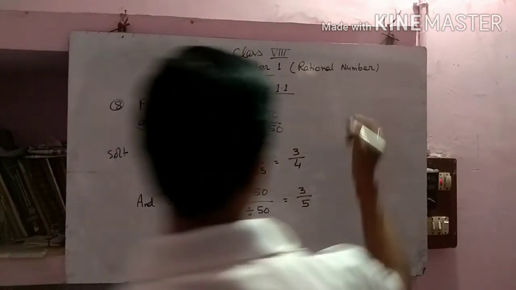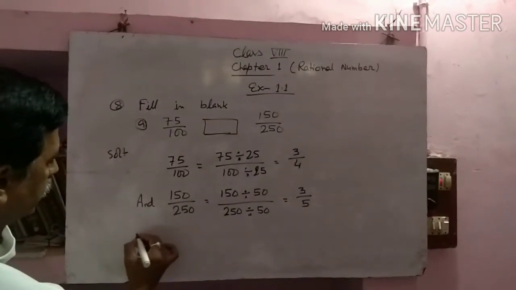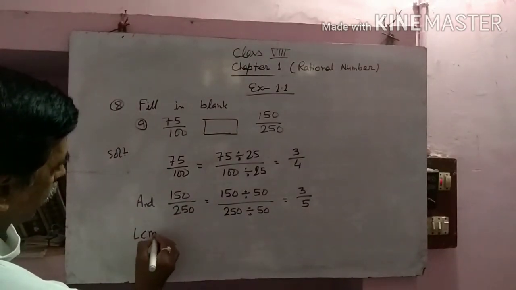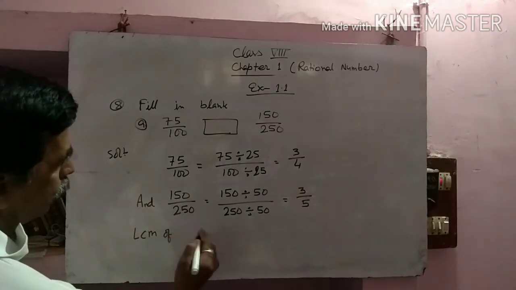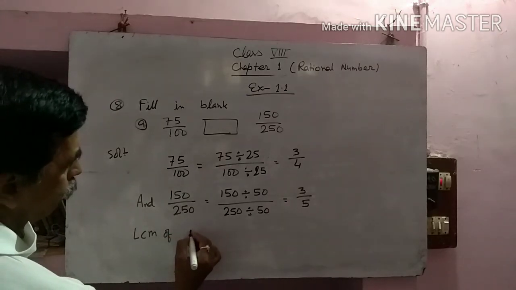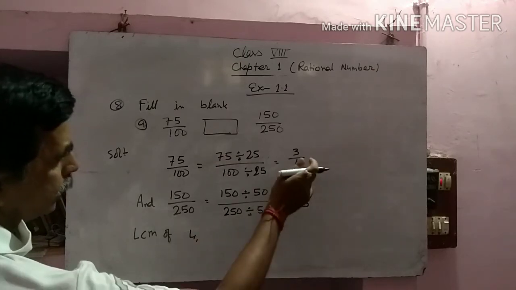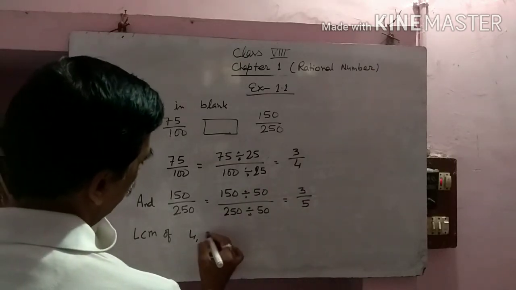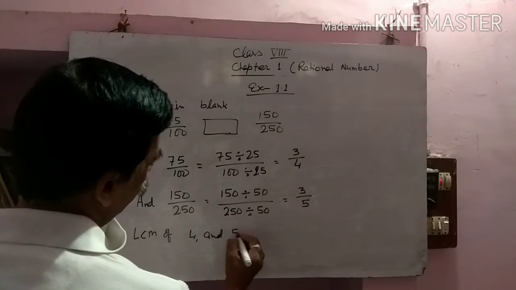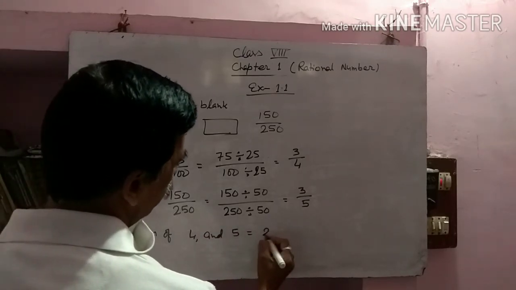Okay, so we have to get the LCM of this denominator and this denominator. LCM of 4 and 5 is equal to 20.